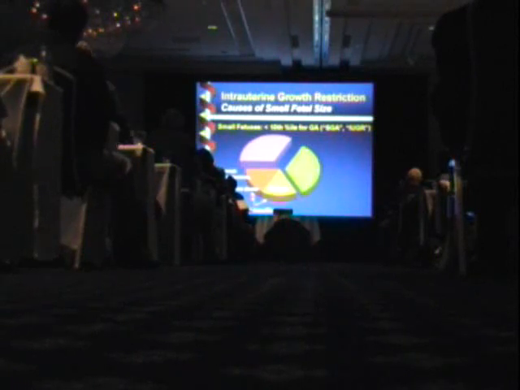You're really trying to figure out, when you have a small baby, which of these pies it falls into. It can be due to maternal problems such as hypertension, lupus, substance abuse. And these maternal problems cause placental insufficiency and fetal malnutrition to give small size.